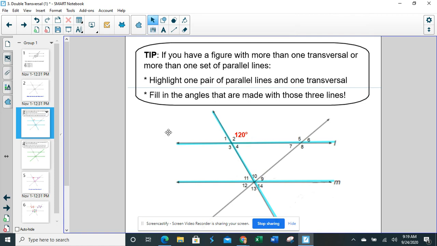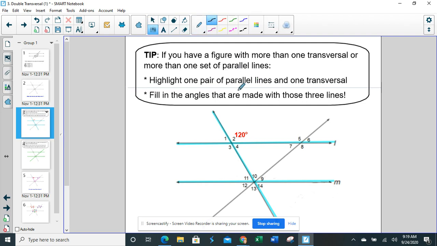So when I look at this picture right here, I can see that angle 2's measure is 120. I have gone ahead and highlighted in blue the parallel lines and the transversal that I want to look at. And now I'm only going to look at the angles that are created by these blue lines. So I'm basically ignoring this transversal right here and any lines that are created with it.